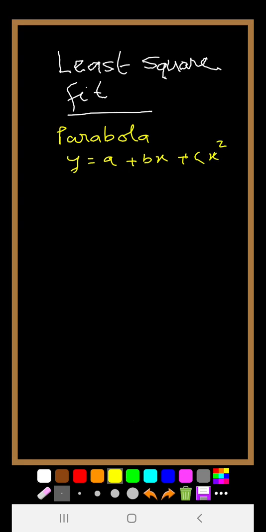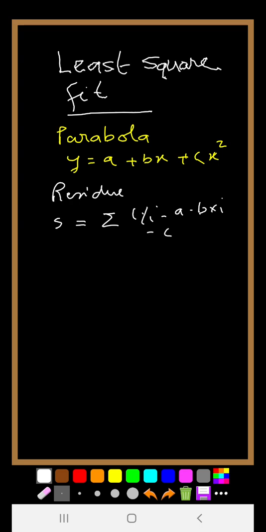then again the residue s is equal to summation (yi minus a minus b xi minus c xi square) whole square, and we minimize the residue, minimize s. So we have three different ways.